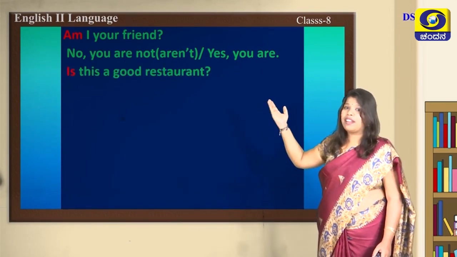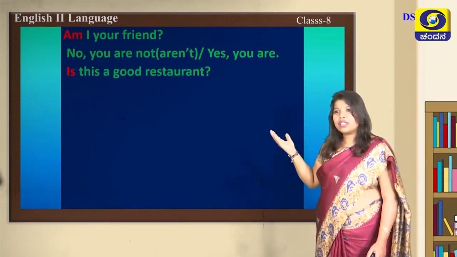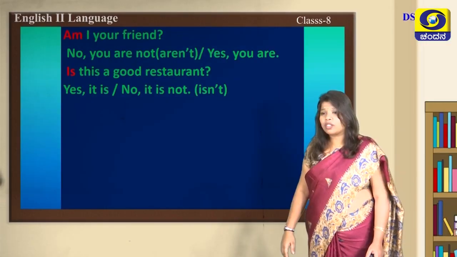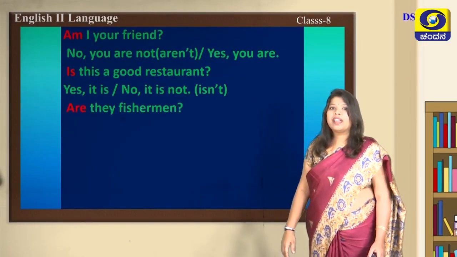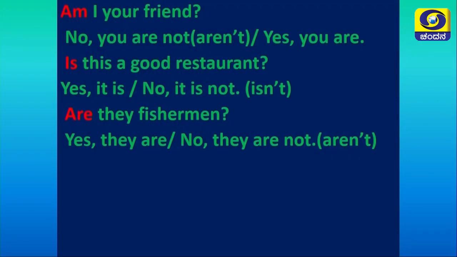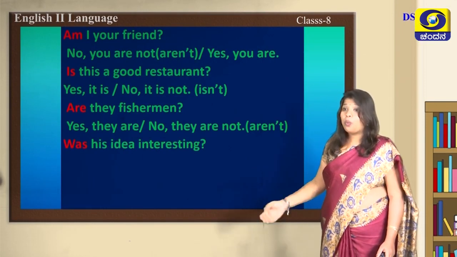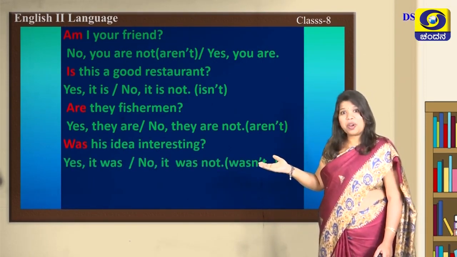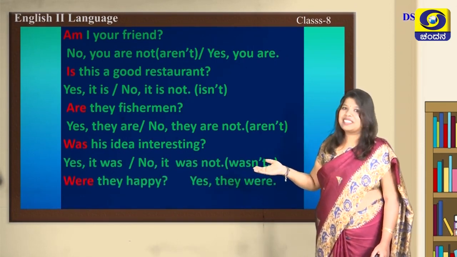Yes, you are. Is this a good restaurant? Your answer could be yes, it is, or no, it is not, or no, it isn't. Are they fishermen? You could say yes, they are, or no, they are not, or they aren't. Was this idea interesting? So, you could say yes, it was, or no, it wasn't.